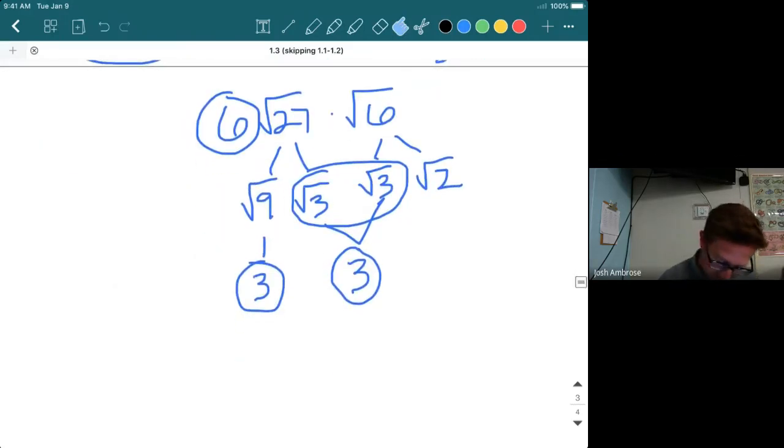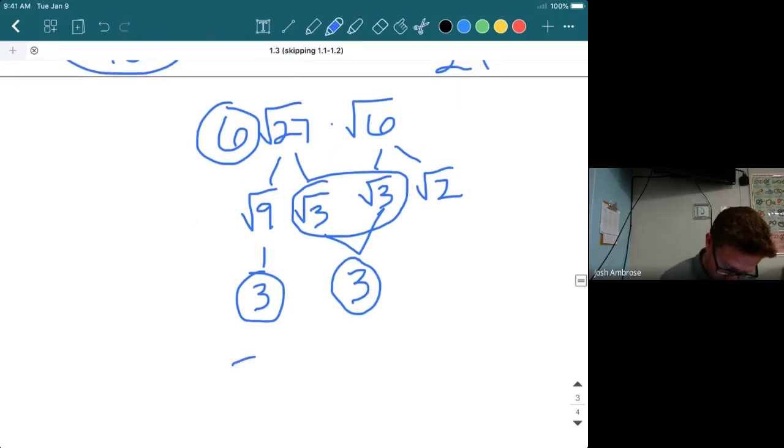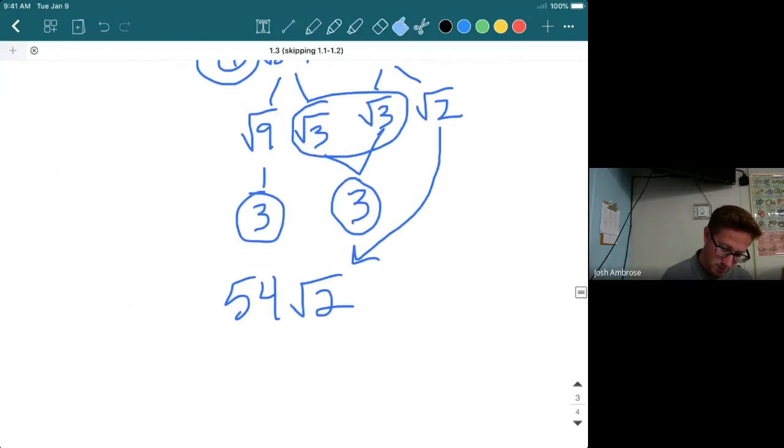That's going to be 54. And what is still left over? That radical 2. We got to bring that down. Radical 2. Okay? Now, do you remember what was on the denominator?